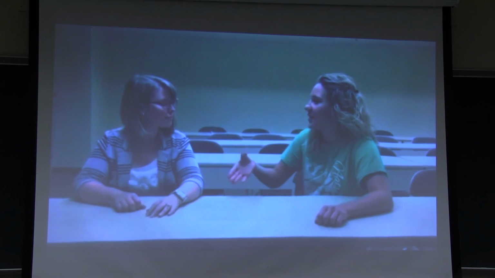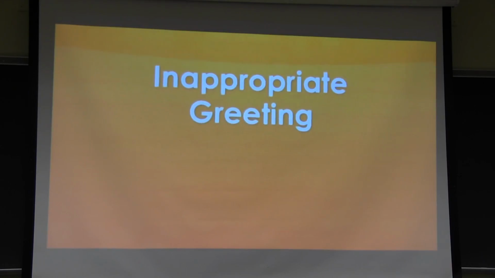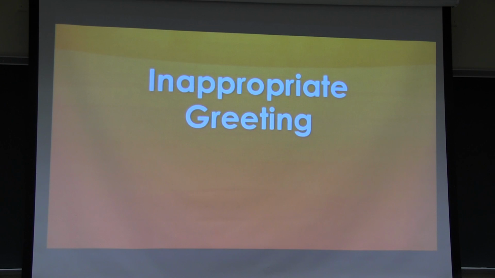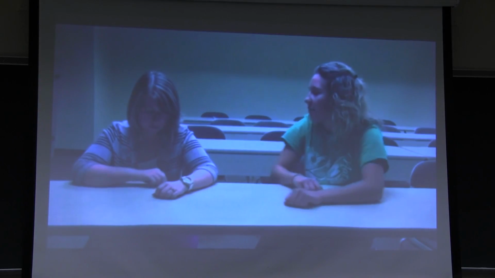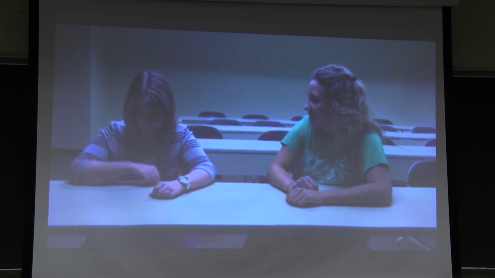Hi, my name's Stephanie. What's your name? Kristen. Nice to meet you. How are you doing? When you're meeting someone for the first time, it is inappropriate to not make eye contact, not offer your hand in return for a handshake, and to disregard any questions that are asked. Hi, my name's Stephanie. What's your name? Hi. How are you doing today?